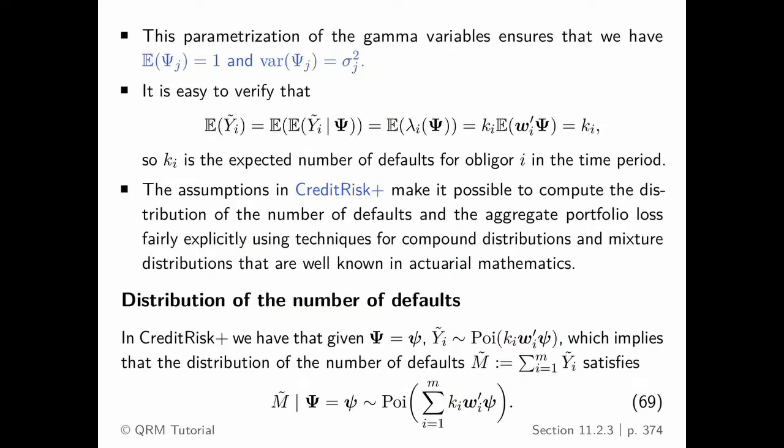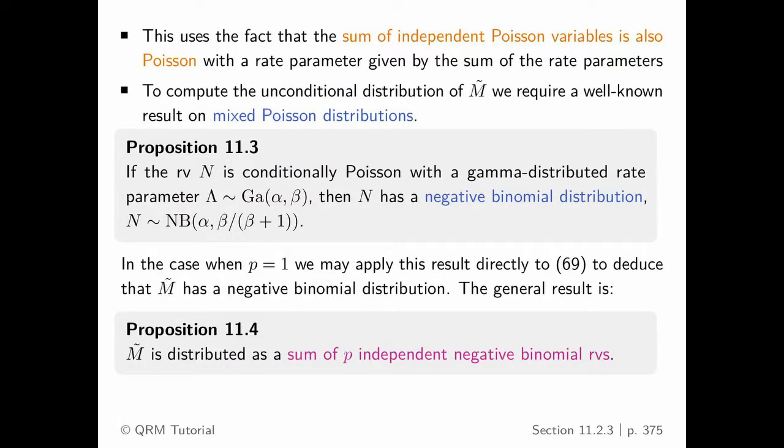What sort of things do you get? In this model, if you make this Poisson and gamma assumption, or conditional Poisson, conditional gamma assumption, the distribution of the number of defaults is negative binomial. That's what you knew, right? If you take a gamma mixture of a Poisson, you get the negative binomial distribution. So you get clustering.